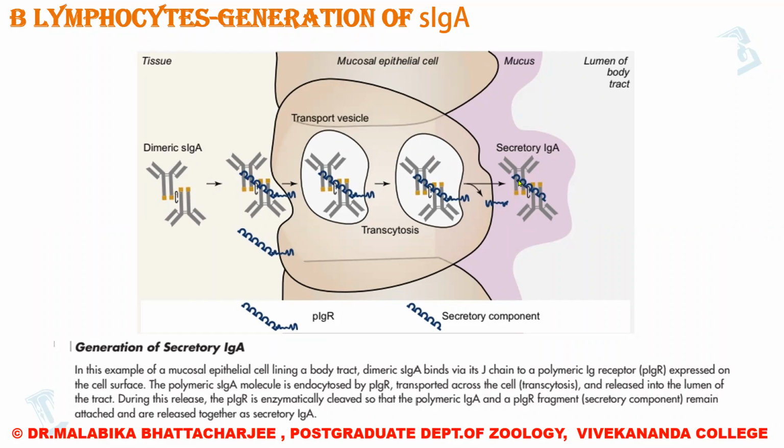So this is the secretory component of the secretory IgA, and this secretory component gives the immunoglobulin A protection from the acidic environment of the lumen of the body tract. Most lumens of the body tract have an acidic environment.